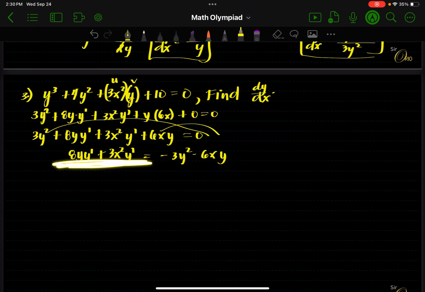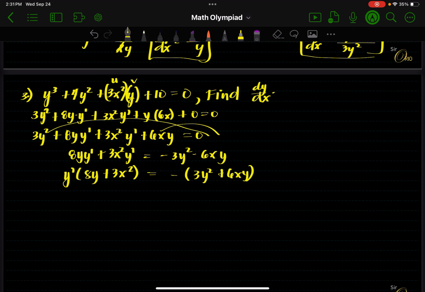Factor out the y prime. Okay, y prime times 8y plus 3x squared equals negative of the quantity 3y squared plus 6xy.